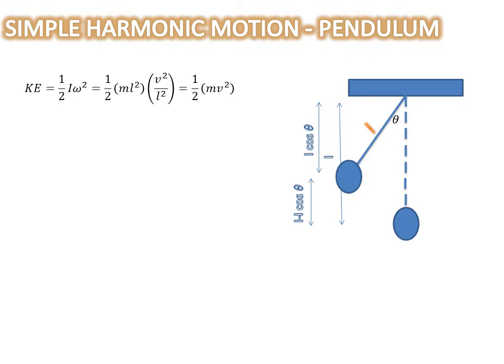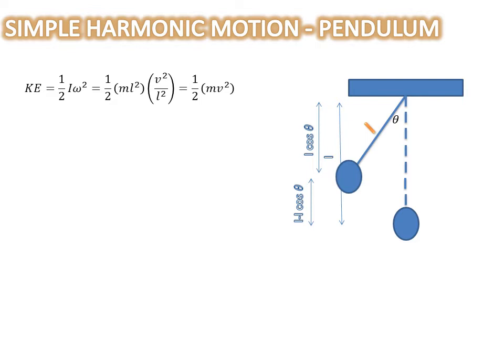Substituting I and omega, we get the expression of the kinetic energy in translating movement. Here we get an exciting result. The kinetic energy of rotation equals the kinetic energy of translation.